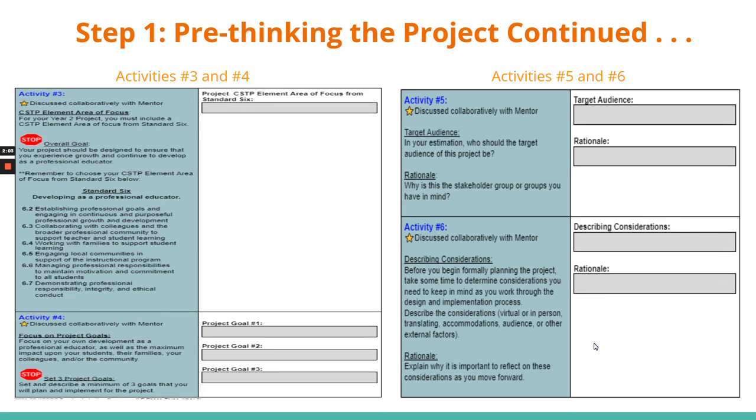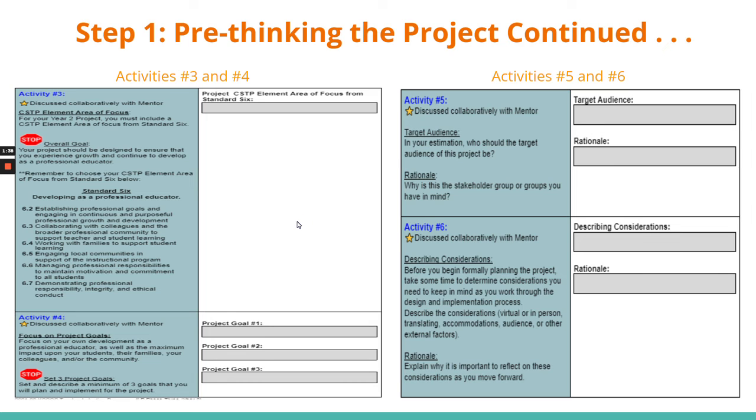Activities 3 and 4 of your project are again in the pre-thinking stage in step 1, and you need to align your project with CSTP 6. So take a look at elements 6.2 through 6.7, and then in the box here, list the CSTP.